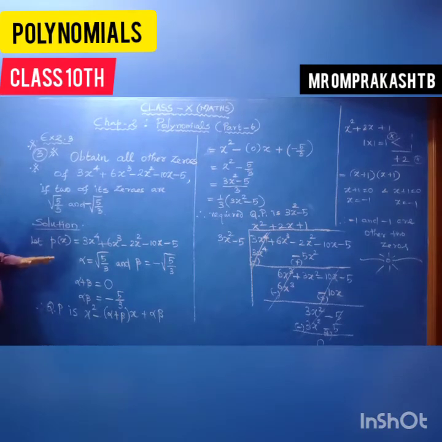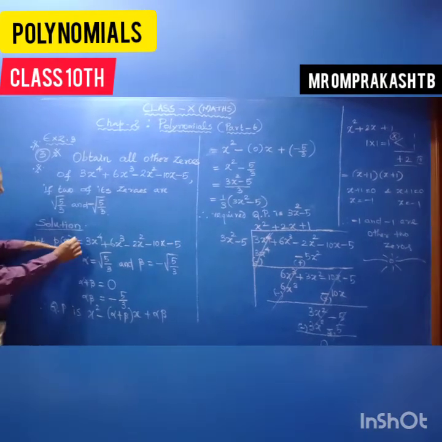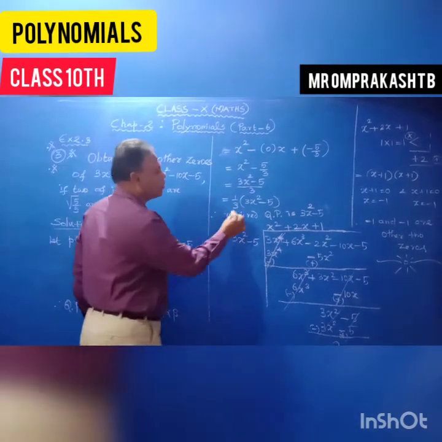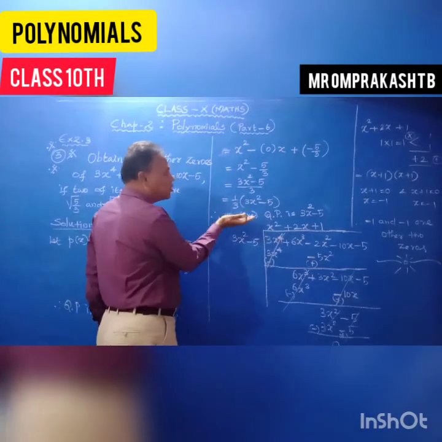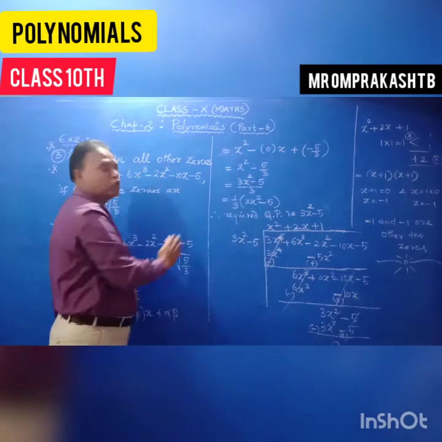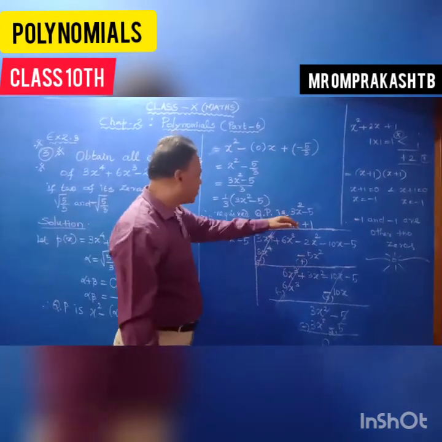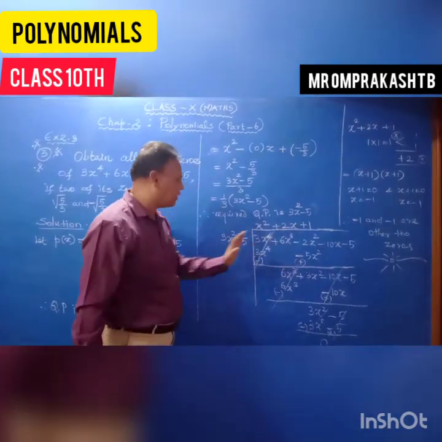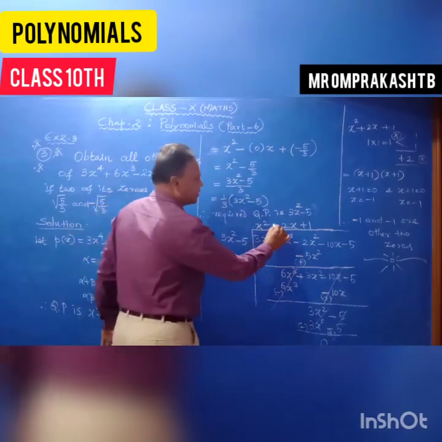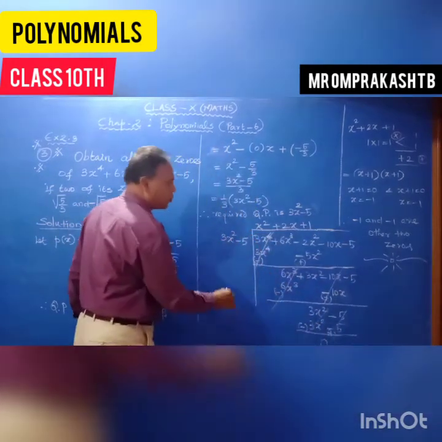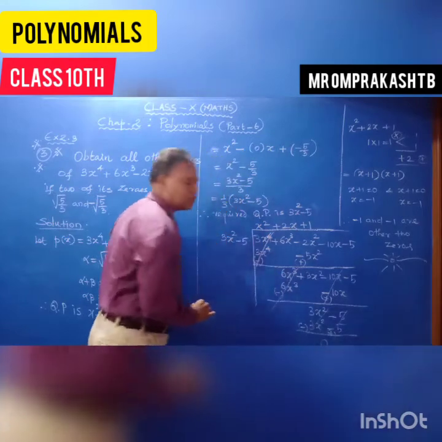You see here, first, using two zeros we got one quadratic polynomial. Up to here they may ask in 2 mark questions. Then using this polynomial, if you divide the given polynomial, that is division of two polynomials. They may ask this part as 3 marks or 2 marks.